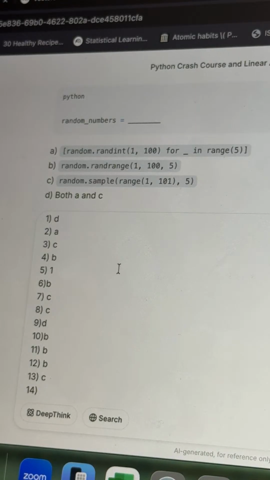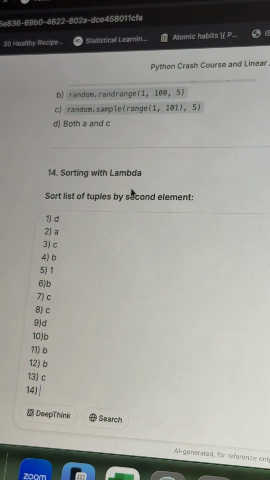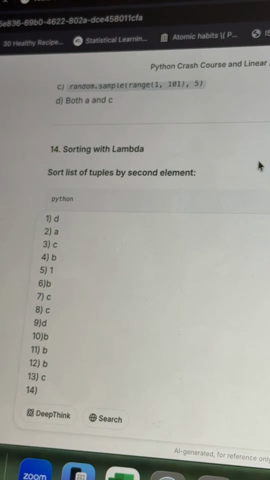What's Python? Python is a coding language. It's more popular on Apple, but it's simpler for humans to understand.